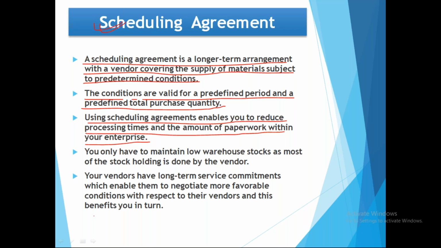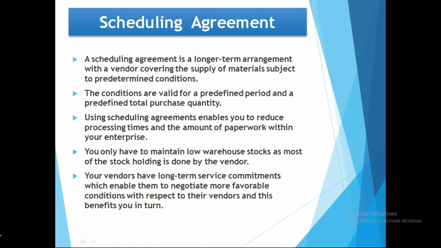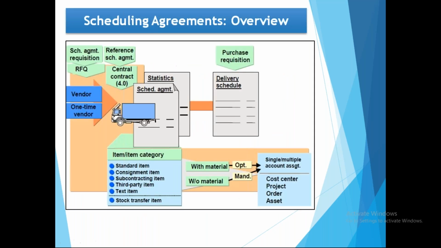Basically your vendors have long-term supply commitments, which enable them to negotiate more favorable conditions with respect to their vendors, and this benefits you. So instead of creating a PO each and every time, you initially give the schedule to the vendor on which date how much quantity he has to deliver. So here you create a scheduling agreement.